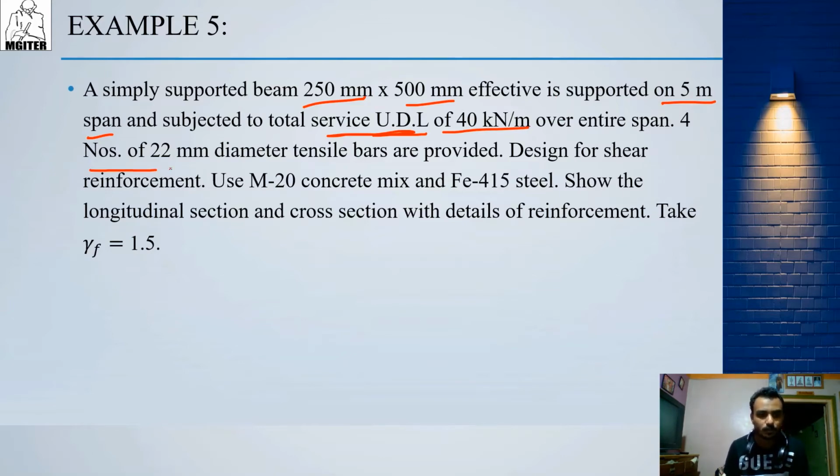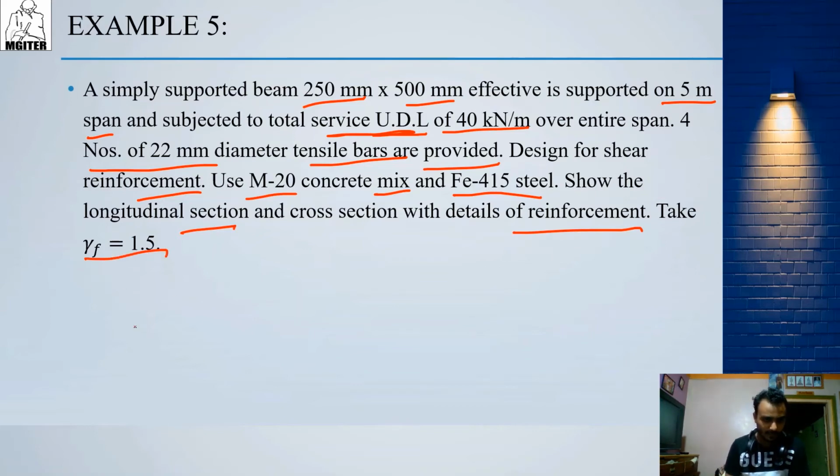Four numbers of 22 mm diameter tensile bars are provided. Design shear reinforcement, use M20 concrete mix and Fe415 steel. Draw the longitudinal section and cross section with details of reinforcement. Take gamma f equal to 1.5.